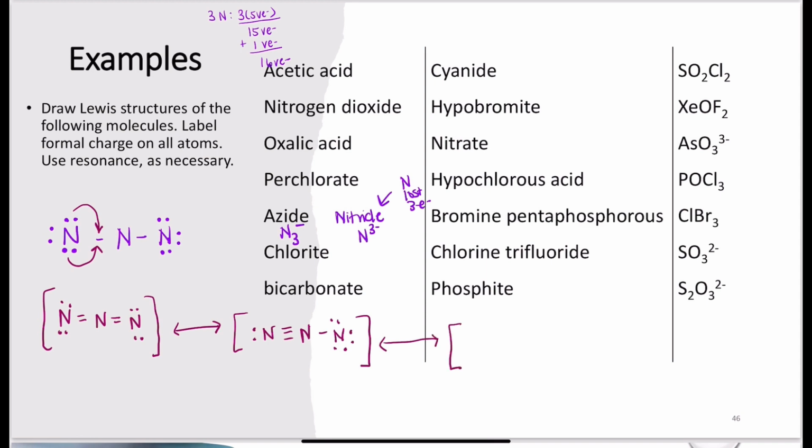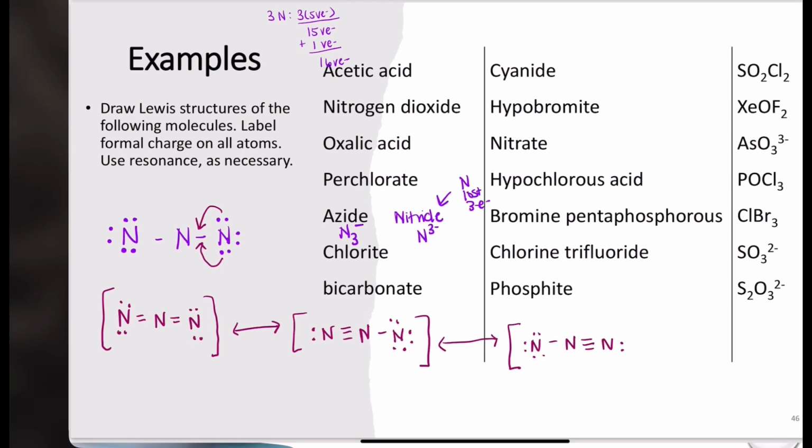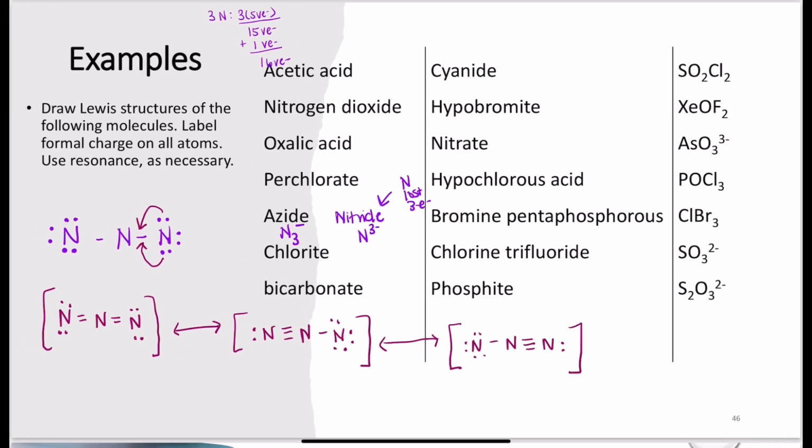But you probably see the trend now. What if it was that last nitrogen that donated 2 pairs instead? Now it only has 1 lone pair. And this nitrogen on the left-hand side has 3 lone pairs.